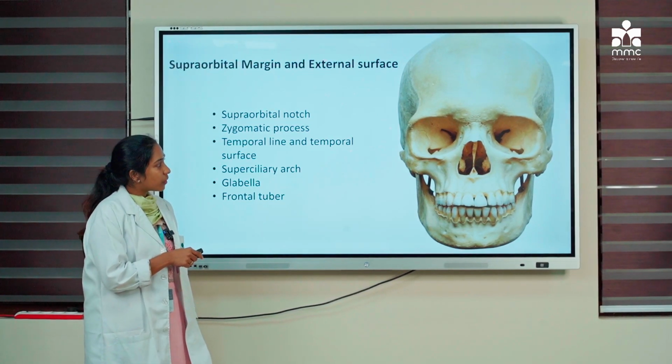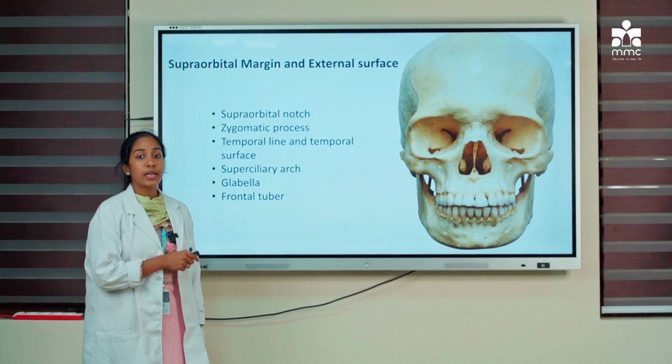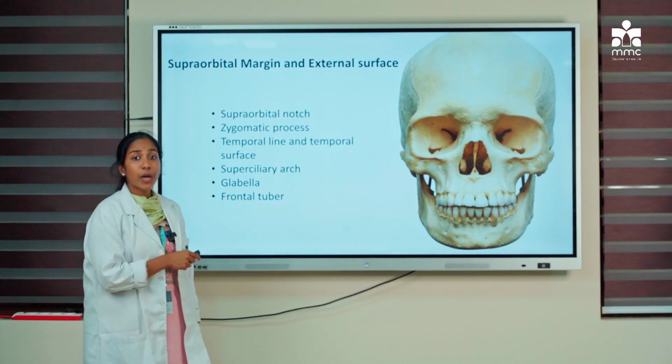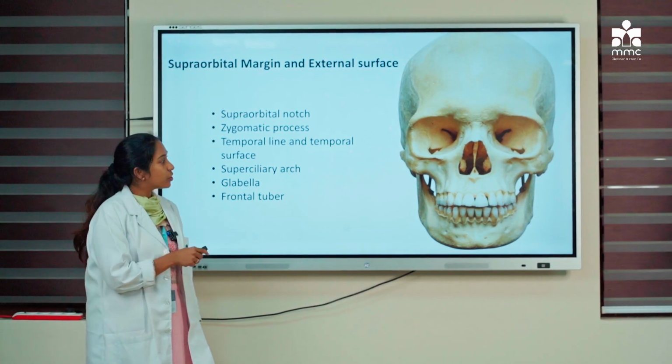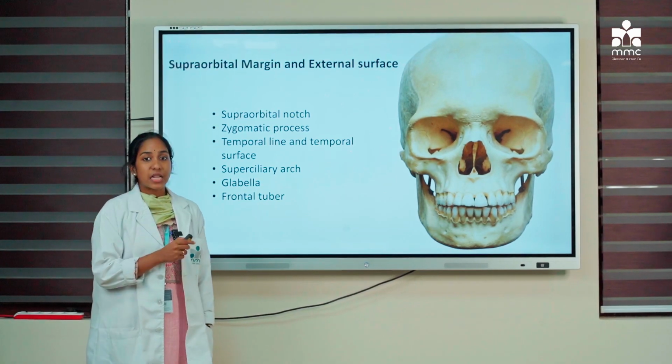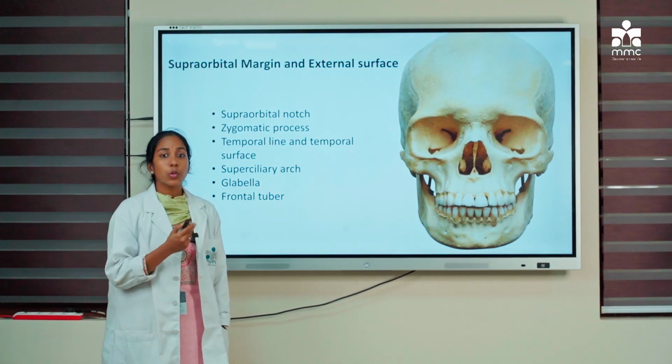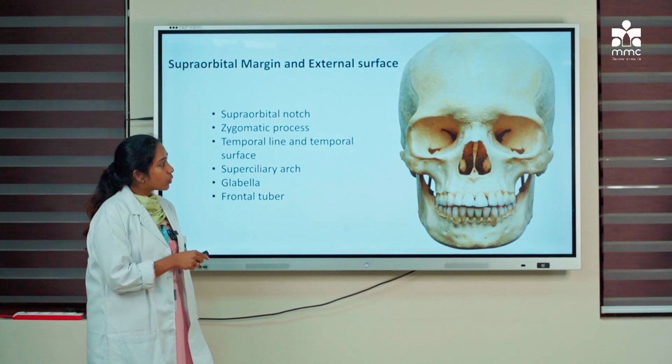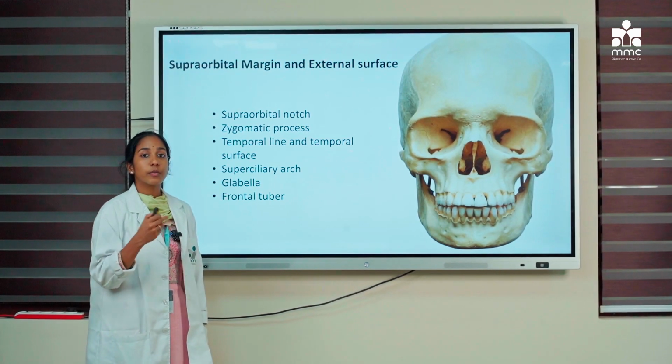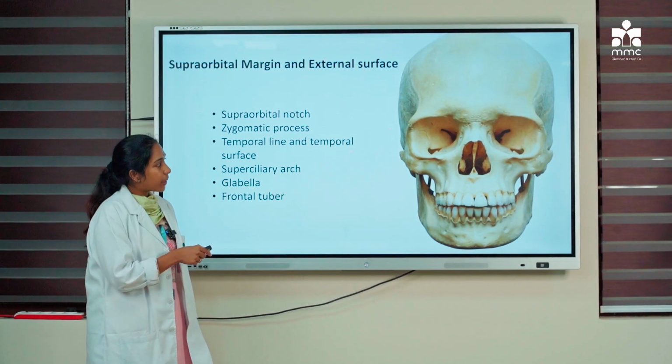At the junction of the medial one-third and lateral two-thirds, we can see a foramen called the supraorbital foramen or notch. Through this, the supraorbital vessels and nerves pass.